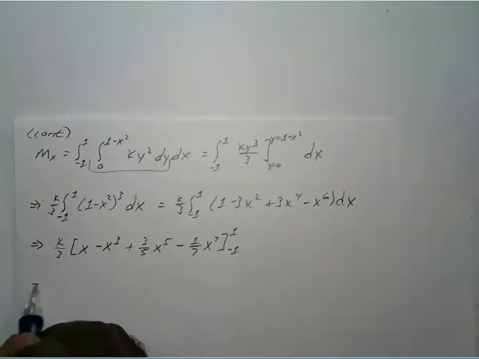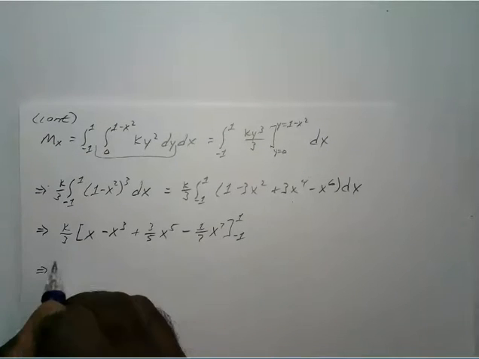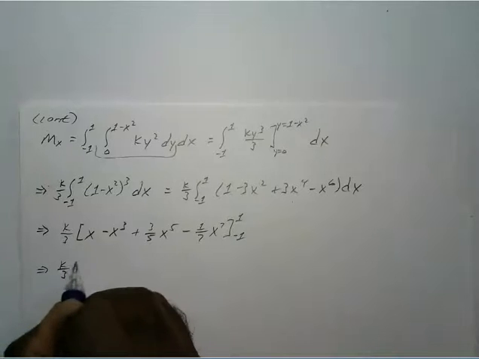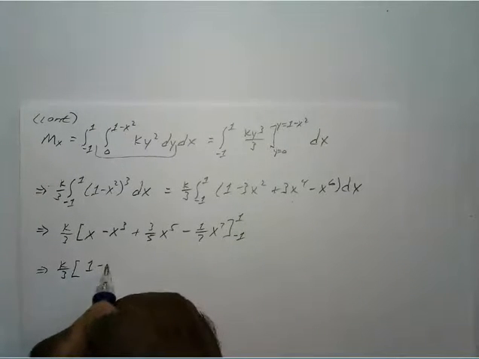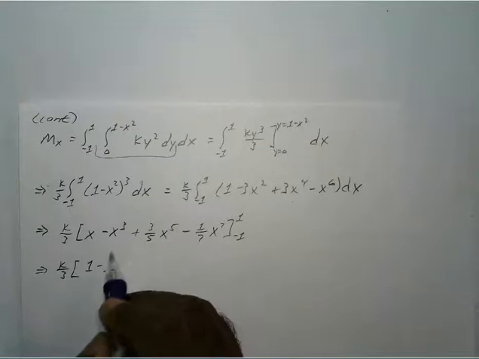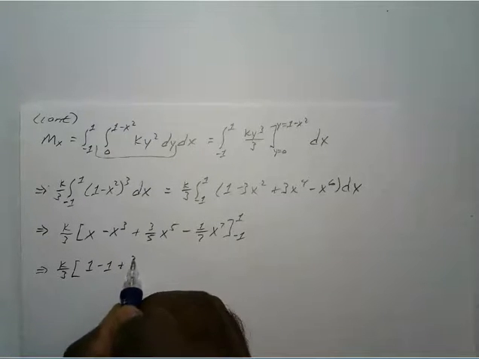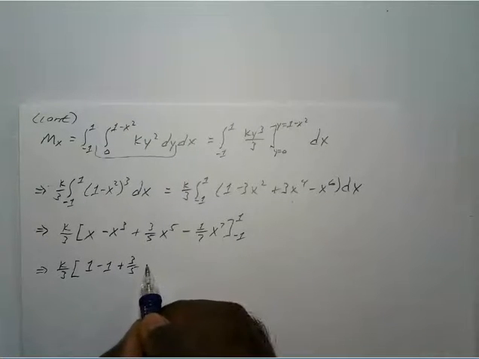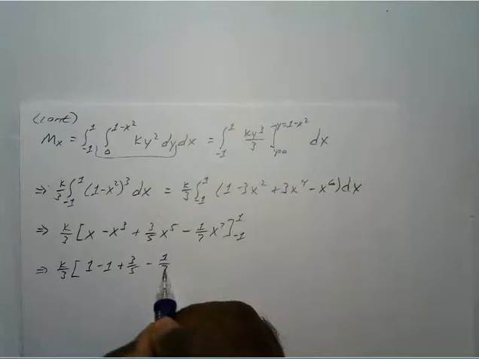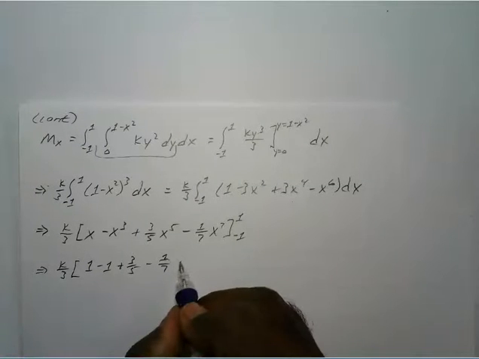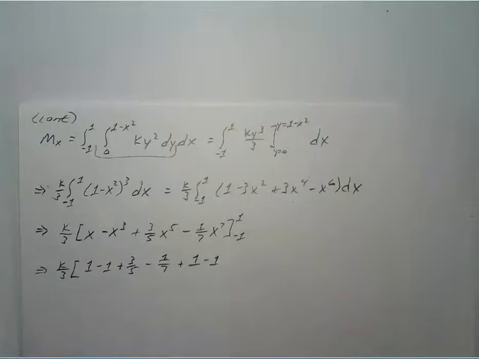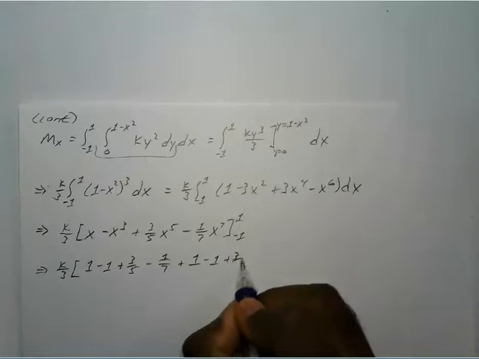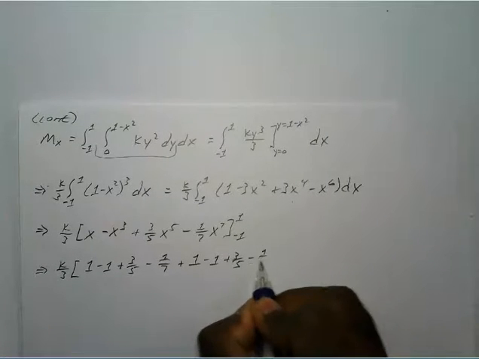Alright, so we go ahead and plug those in. That will equal 1 minus 1 plus 3/5 minus 1/7 plus 1 minus 1 plus 3/5 minus 1 over 7.